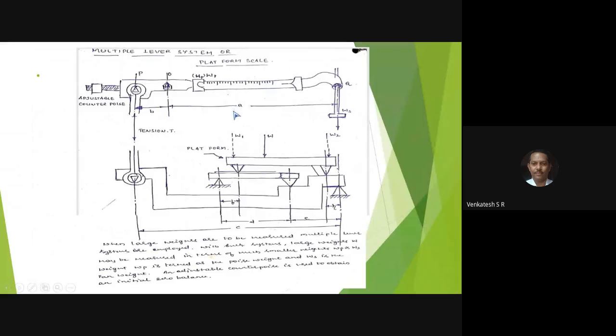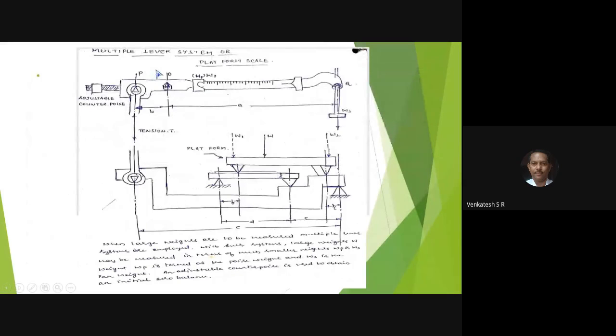You have a simple derivation here. You have to go through the derivation, write it twice or thrice, and derive the equation. And note down the scale multiplication ratio, that is R equal to A by B, C by H. This is very important from the examination point of view. This time you can expect this question in the examination.